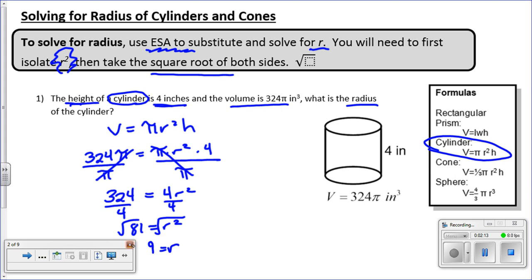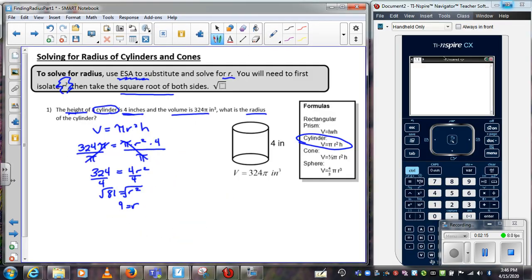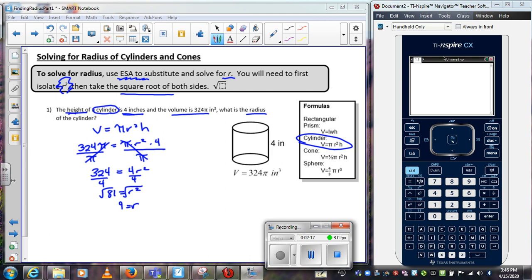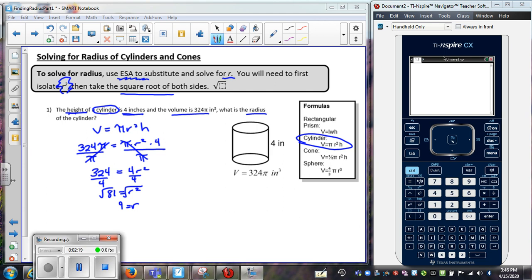If you don't know what the square root is, one of the things that we can do is take our calculator. You'll want to locate the square root button on your calculator. Mine is right here. You might be able to see my cursor moving on it. It's above the x squared. Now with your calculator you may have to figure out, do you type in the number first and then the square root, or do you hit the square root button first and then the number?